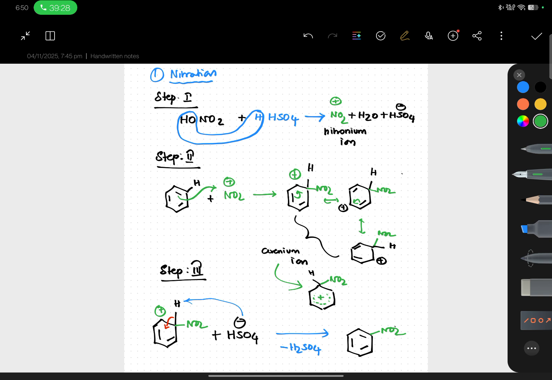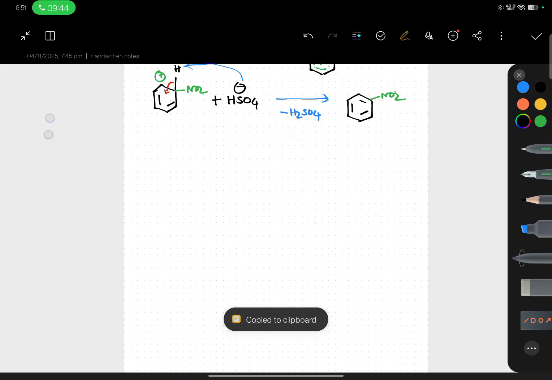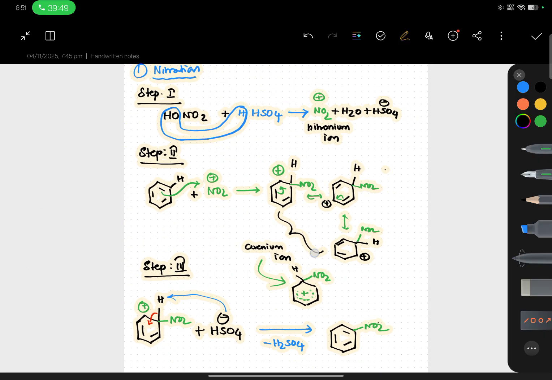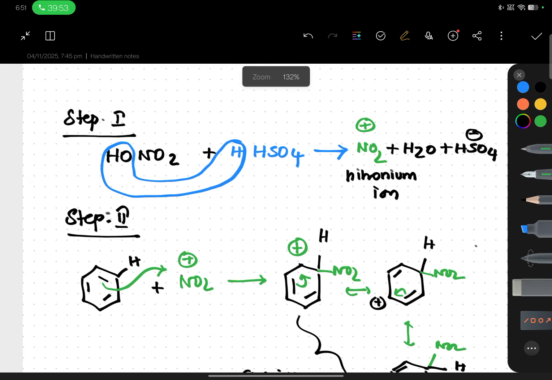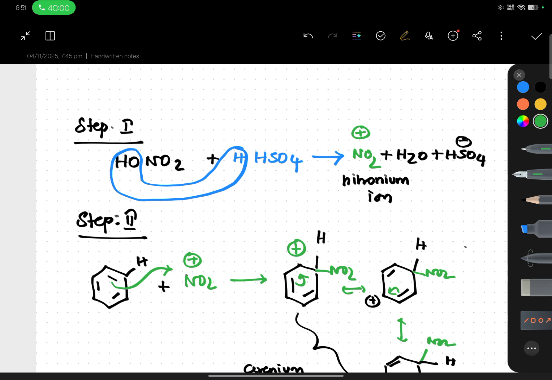Copy. Now let us go for the next reaction. What is the next reaction? Halogenation.